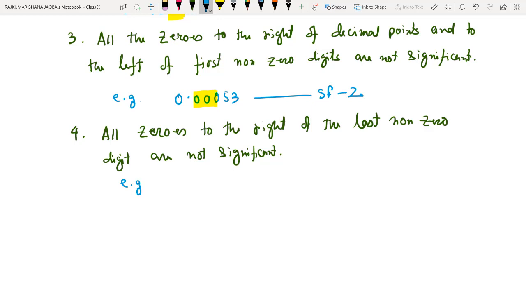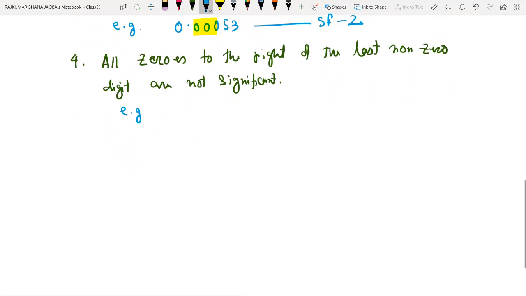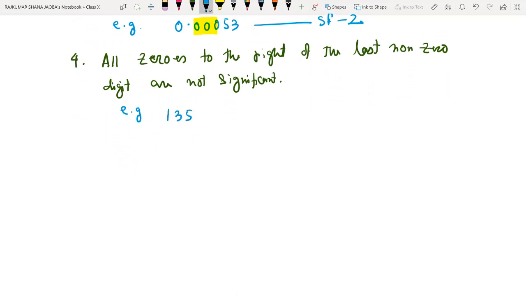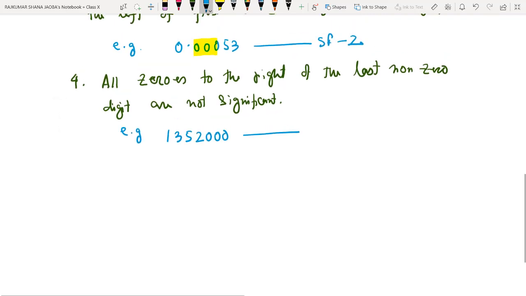Example, 1, 3, 5, 2, 0, 0, 0. The zeros on the right of the last non-zero digit are not significant. So the significant figures are only 1, 2, 3, 4. It has 4 significant figures.